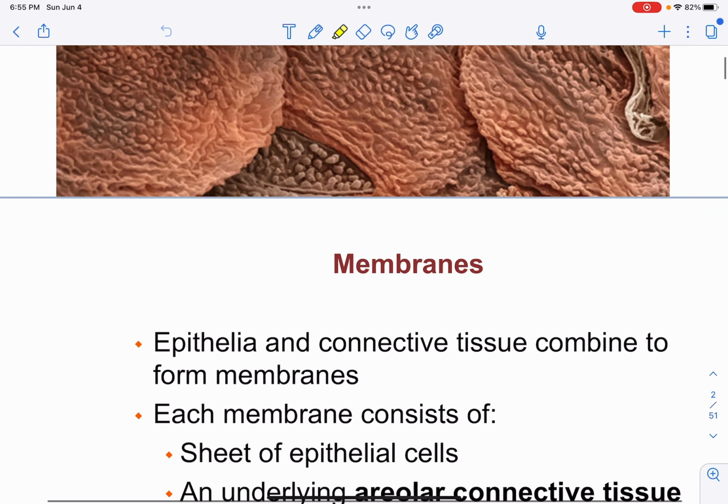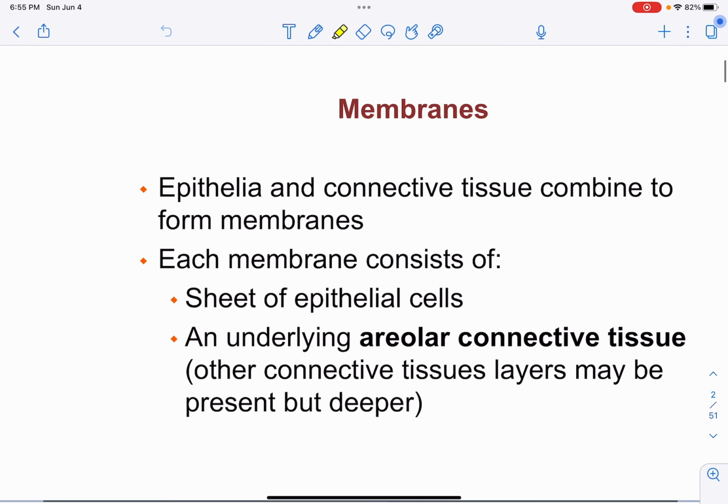Before we start actually talking about skin, I want to first take a moment to talk about membranes. So we are going to take our knowledge that we learned when we studied epithelial tissue, and our knowledge from connective tissue, and combine the two to build our very first organ system.